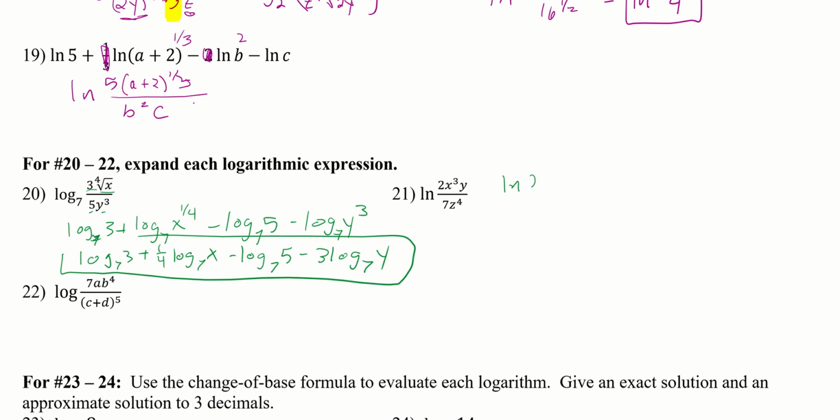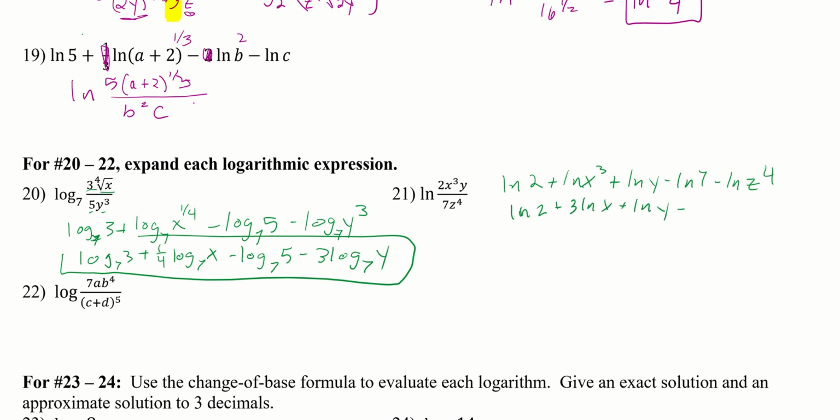So 21, same idea. So ln of 2 plus ln of x cubed plus ln of y minus ln of 7 minus ln of z to the 4th. So I took each individual term, positive on top, negative on bottom. Ln of 2 plus 3 ln of x, bring the powers down.